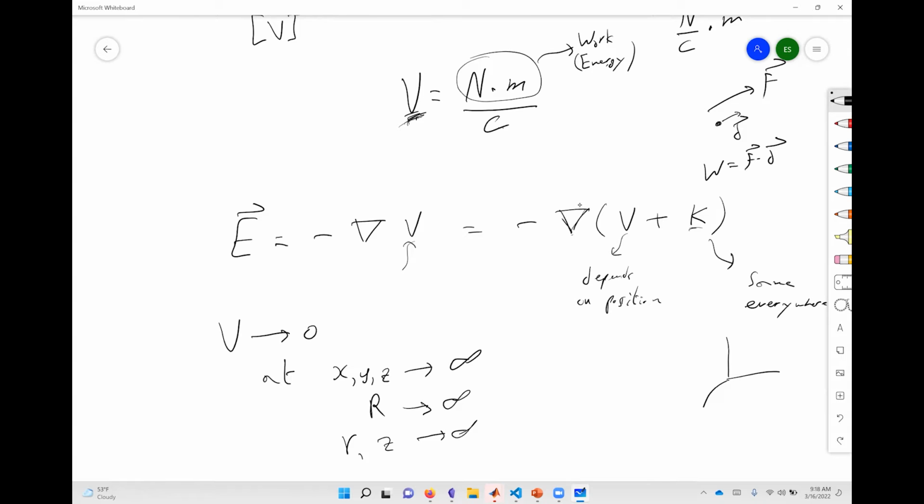At a very large distance, we can add this constant, because if I have a scalar field V that represents E, adding any constant to it does not change anything, because the gradient of that constant is going to be 0. So we always add a constant in such a way that V at infinity is going to be 0. So that's the convention.